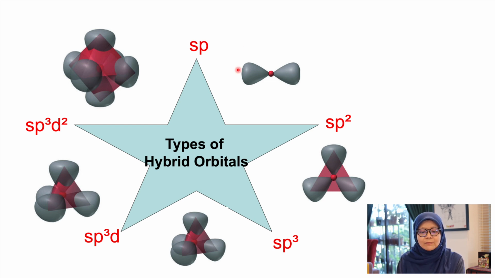The first one is sp, which has linear geometry, and then we have sp2, which is trigonal planar. We have sp3, which represents the tetrahedral geometry, and also sp3d, which is trigonal bipyramidal, while the last one is sp3d2, which represents the octahedral geometry.